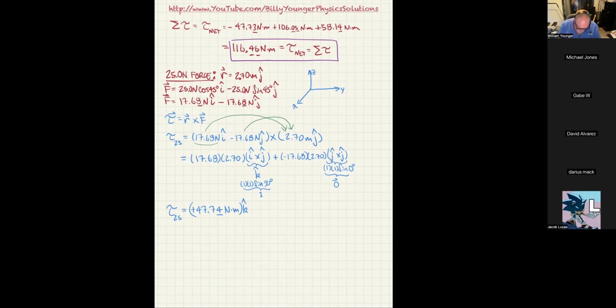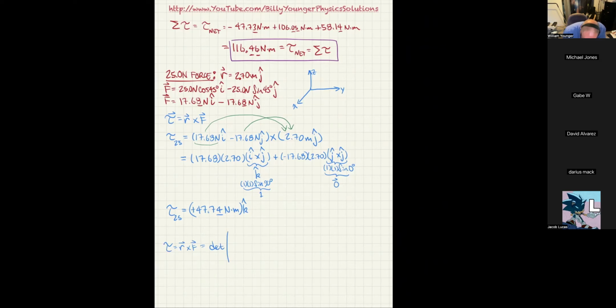And actually, let me do the cross product the original way just to show you. Torque is equal to R cross F, which is the determinant of a matrix.